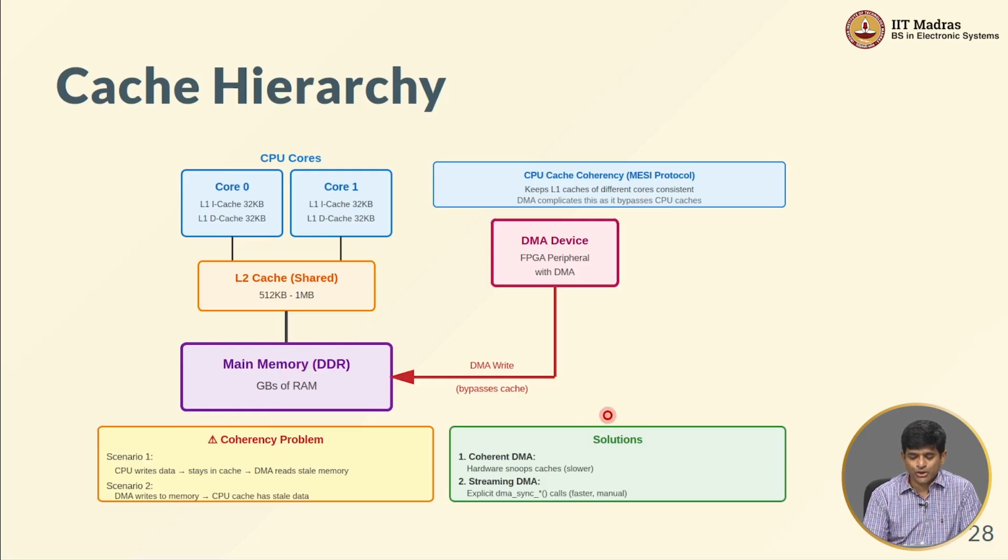So the solutions for this, of course, one of them is what's called coherent DMA. What happens in coherent DMA is that you need modifications at the hardware level that are continuously checking on whether these addresses that we are interested in are being modified in the caches. So it actually requires some kind of support from the hardware in order to do that, right.